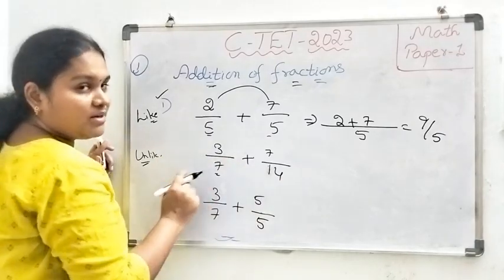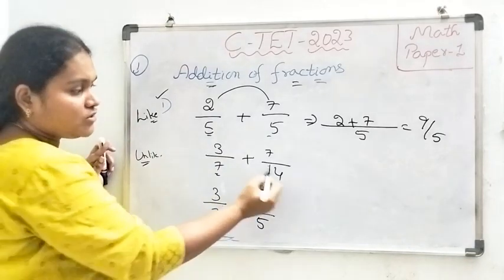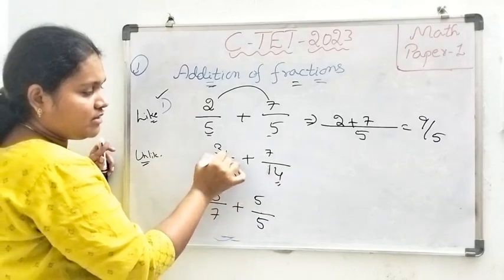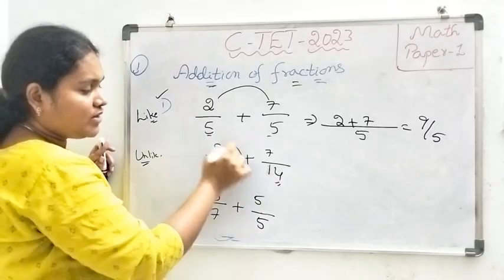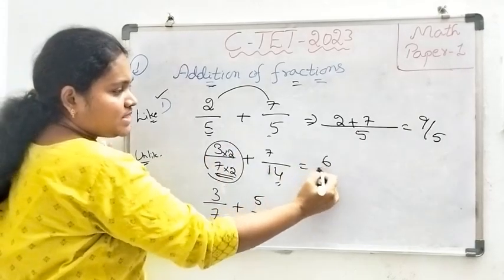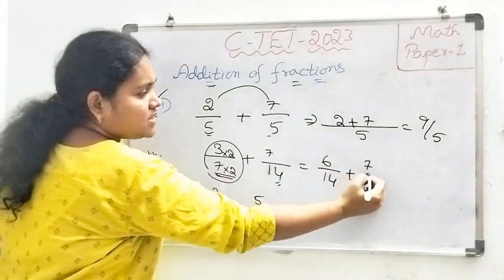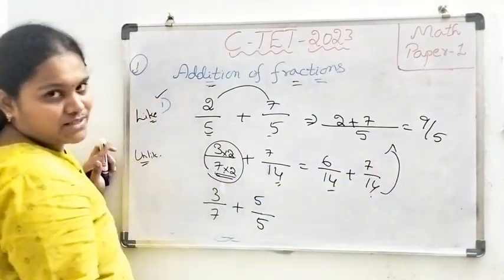So what are the multiples of 7? 7, 14, 21, like that, right? So here one multiple is there already. So if one multiple is there, we can make the other fraction also the same multiple in the denominator. Then this fraction becomes 6 by 14, since 3 2s are 6, 7 2s are 14. Again 7 by 14. Now the denominator is same, so we can do it as like fractions.